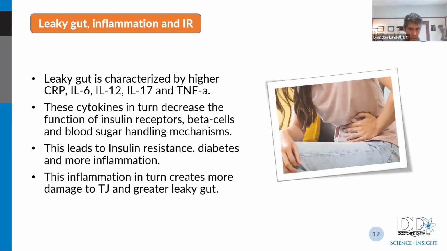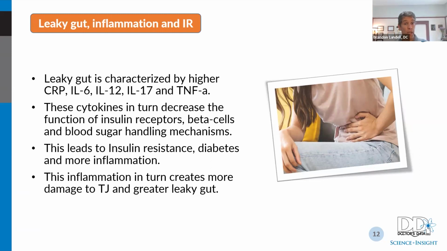So leaky gut is characterized by elevated CRP, interleukin 6, interleukin 12, 17, tumor necrosis factor alpha. Not all of these, and sometimes none of these, are elevated in leaky gut. But oftentimes you're going to see at least one or two of these being elevated. So that becomes another potential diagnostic criteria as well.